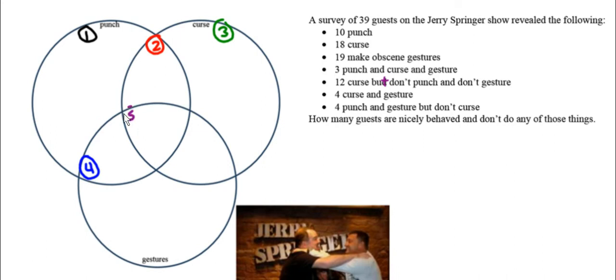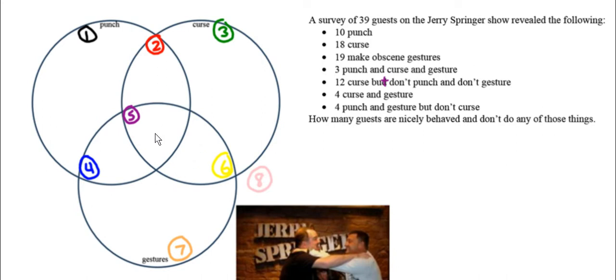Section 5 is the overlap of all three, so these are people that do all three things. Section 6 are people that curse and gesture but don't punch. So it's only this section here. Section 7 are people that gesture only. And section 8 is on the outside, so these are people that do none of the following.